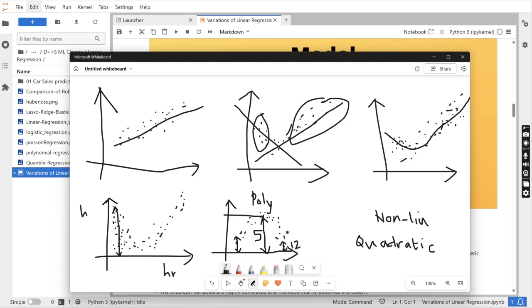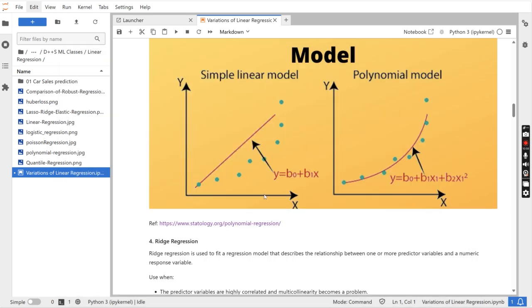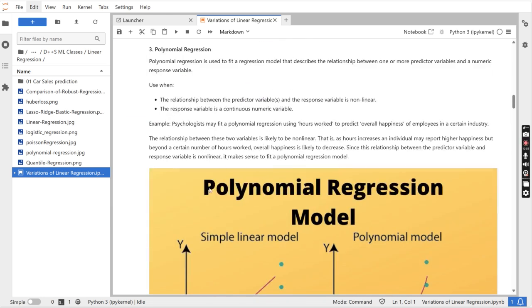Now you can't capture this relationship with a straight line, so you'll have to use a polynomial of a higher order. So that's what polynomial regression does. Basically this can be used when we see that the relationship between the independent variables and the response variable is non-linear, and we have to predict a numeric value.